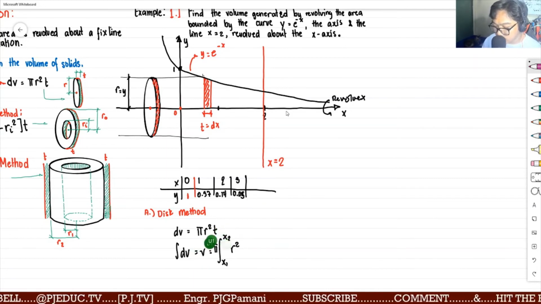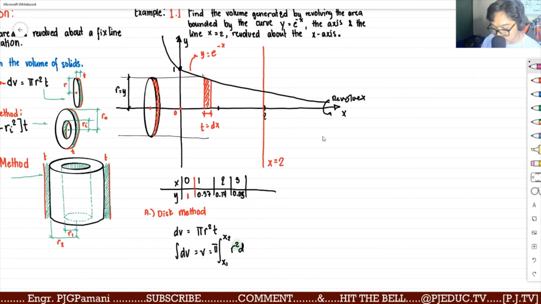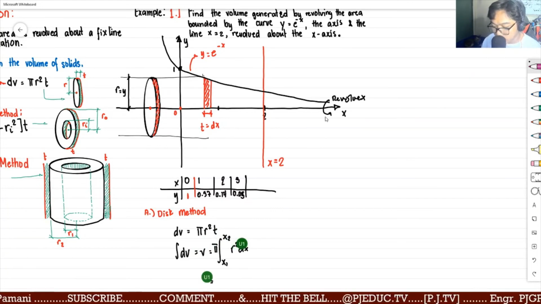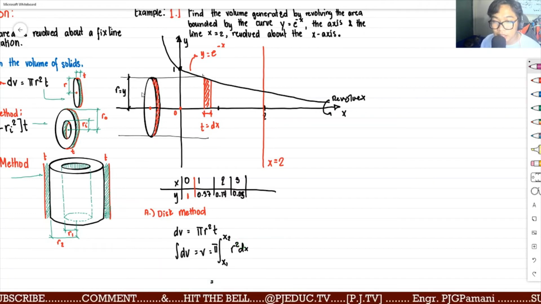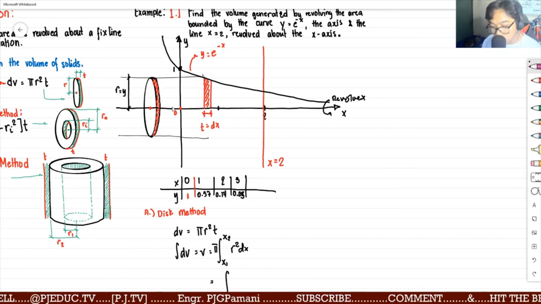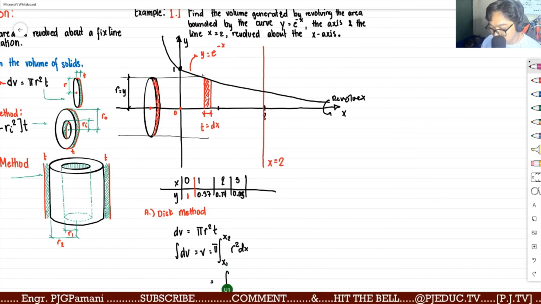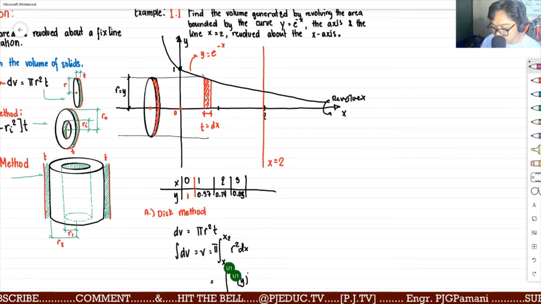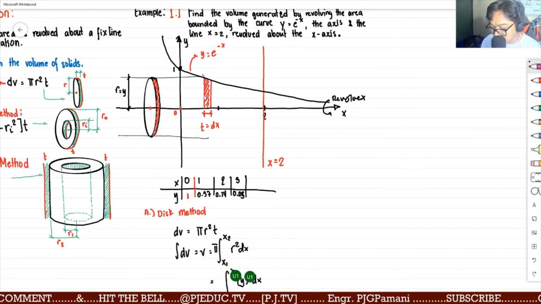Pi is constant, labas lang natin yan. Then thickness is simply dx. Okay? So if radius is simply equal to y, or an unknown vertical distance height y, such that we know y is simply equal to e raised to negative x, di ba? It is y squared dx.